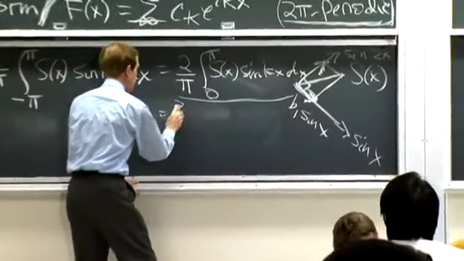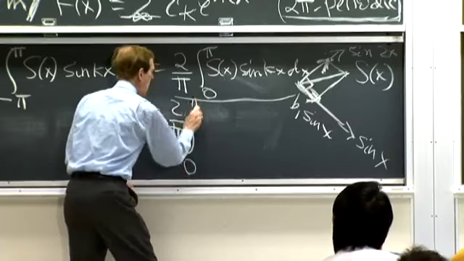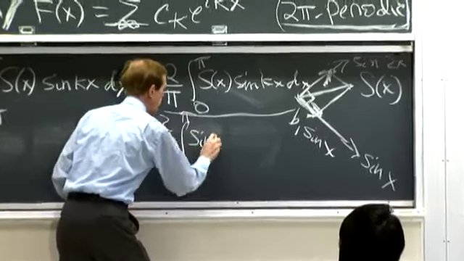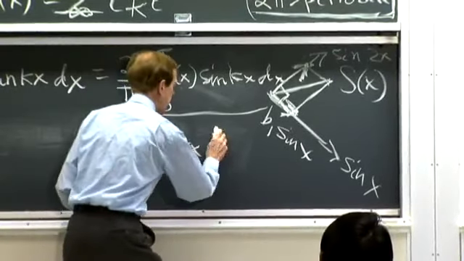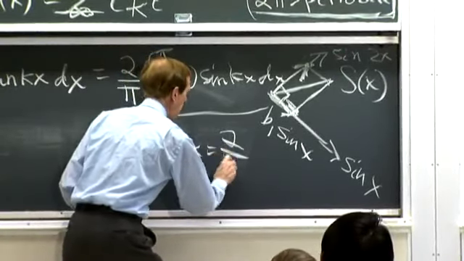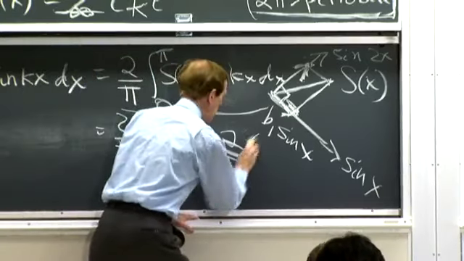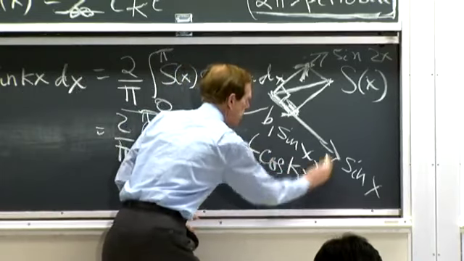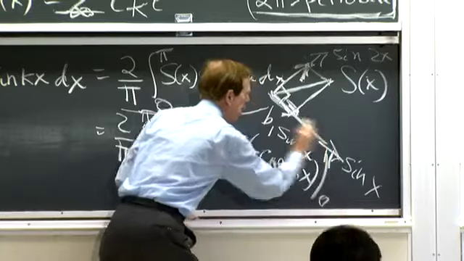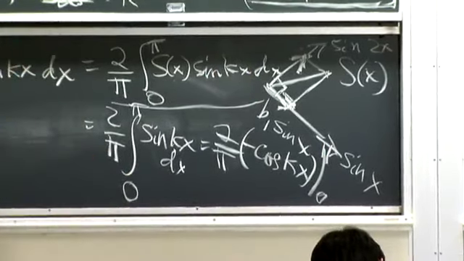So s of x is 1, so I want 2 over pi, the integral from 0 to pi of just sine kx dx, right? Which is, so I've got 2 over pi. Now I integrate sine kx, I get minus cosine kx, right? Between 0 and pi. And what else? What have I forgotten?